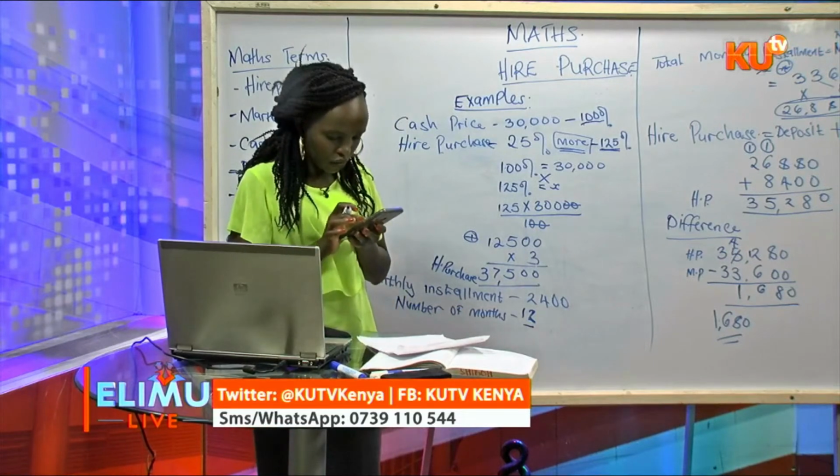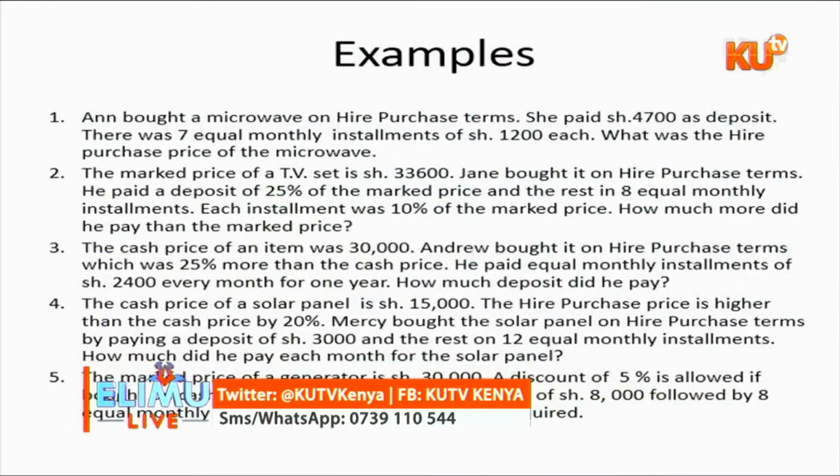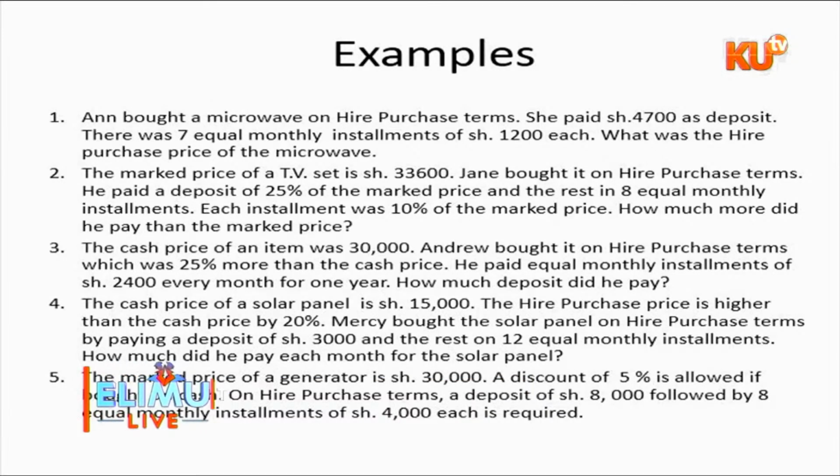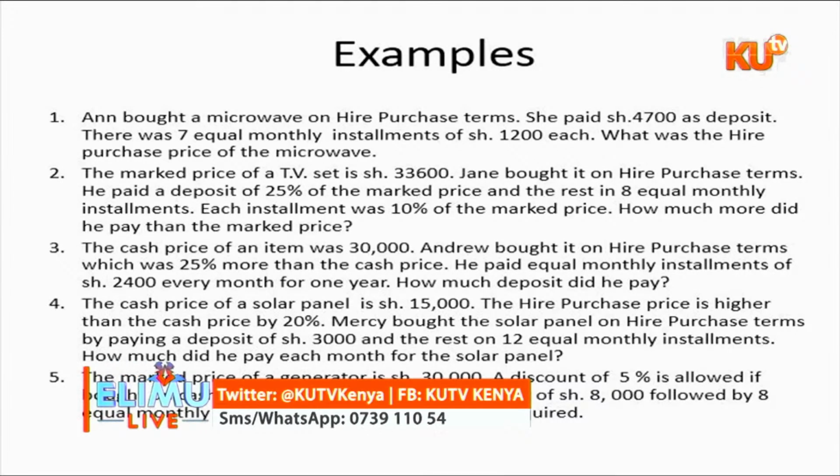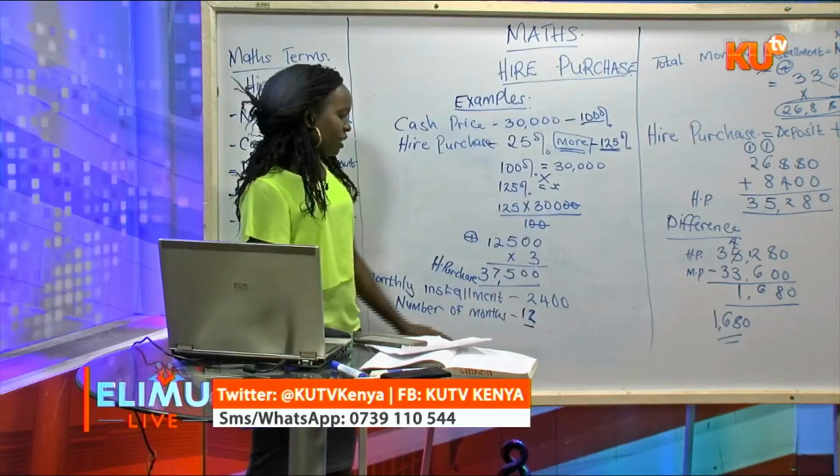Now we continue with our question. The question is, how much deposit did he pay? This is easy. We have the monthly installment here, and we have the number of months.